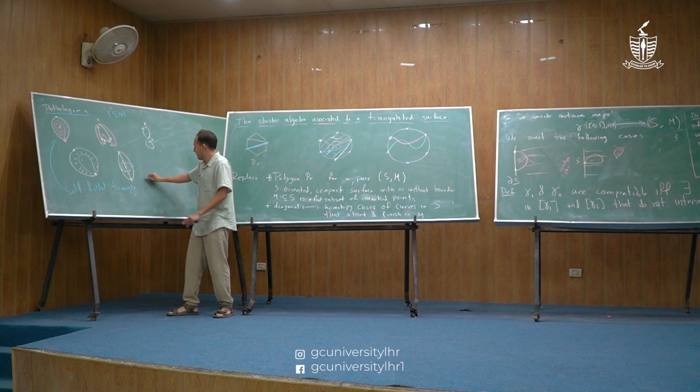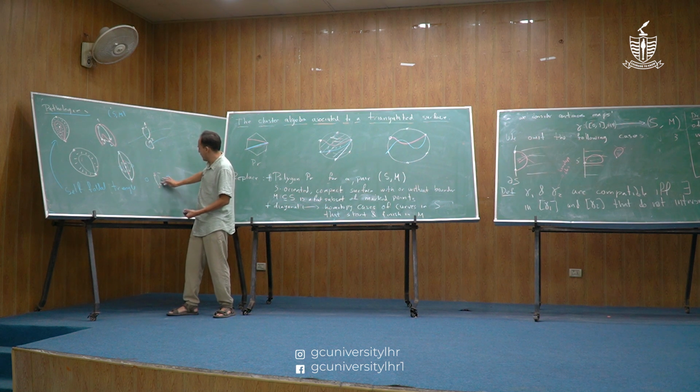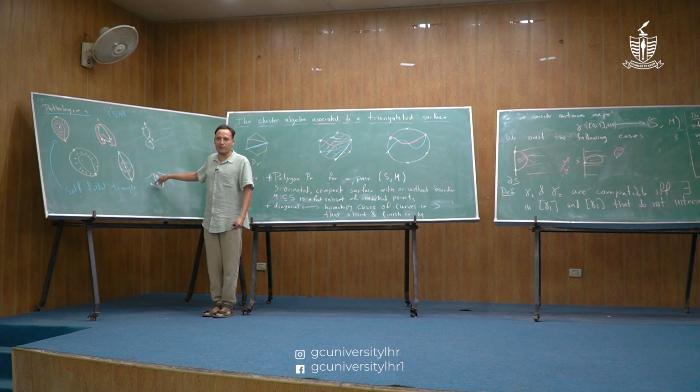not too bad, because it looks like I have an arrow here, I have an arrow there, and I have an arrow the other way around. I have an arrow here, I have an arrow there, and I have this. So again, it doesn't look nice, because I have these 2 cycles.